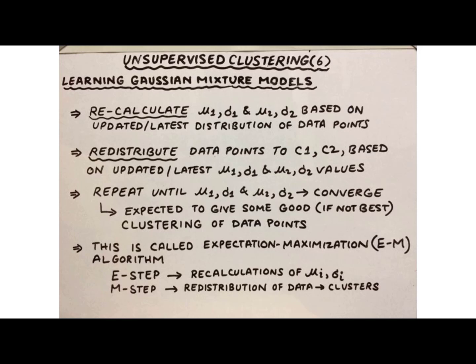It is a two-step algorithm, the E step and the M step. The E step is known as the expectation update step, and it maps to the recalculation of the cluster parameters. The M step is actually the redistribution of data points among the clusters. By working in tandem, the E and the M step make sure that the algorithm converges to some maxima.